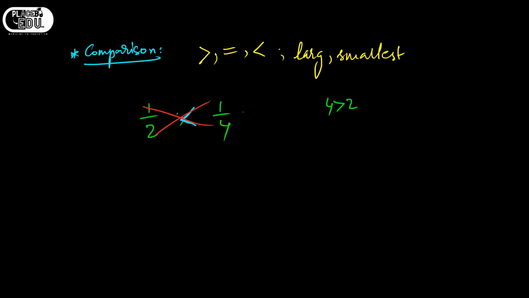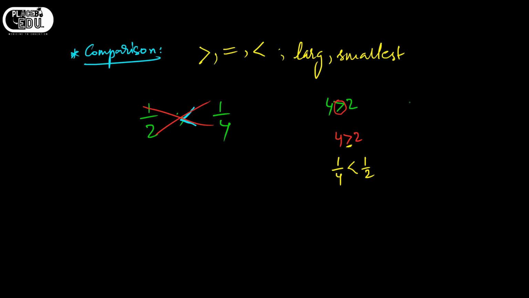The main property you have to observe is whenever we are reciprocating the numbers, the sign should be changed. For example, 4 is greater than 2. Whenever we are doing reciprocating, that is 1 by 4 and 1 by 2, the sign in the middle of them should be changed, that is like this.